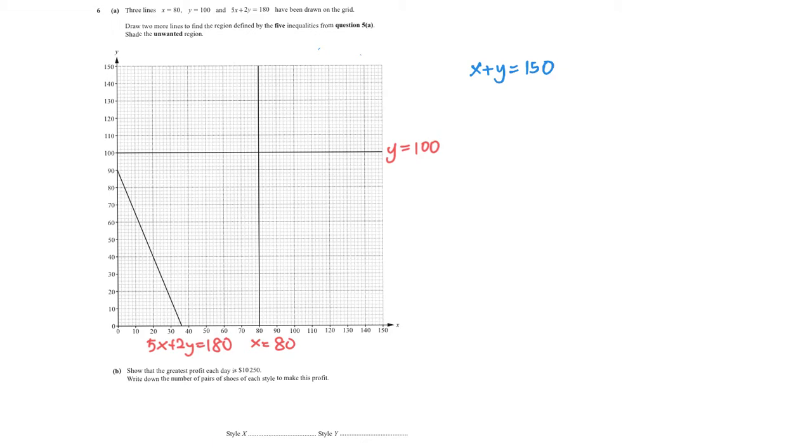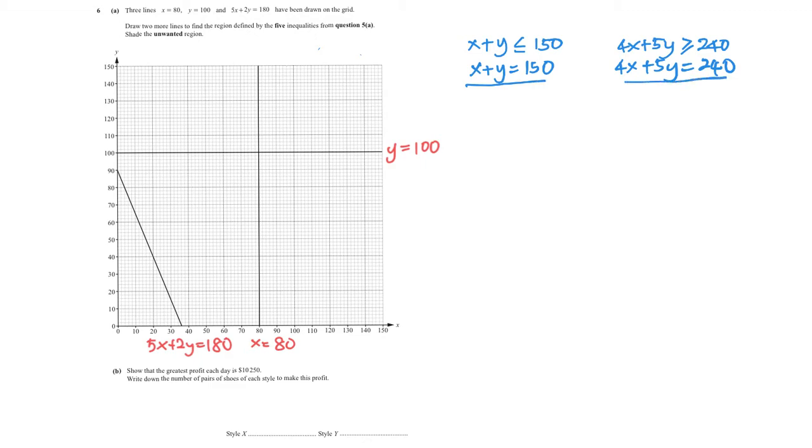And the other one is 4x plus 5y equal to 40. But the inequalities that we had are 4x plus 5y greater than or equal to 40, and x plus y less than or equal to 150. But we are going to draw these 2 lines first.